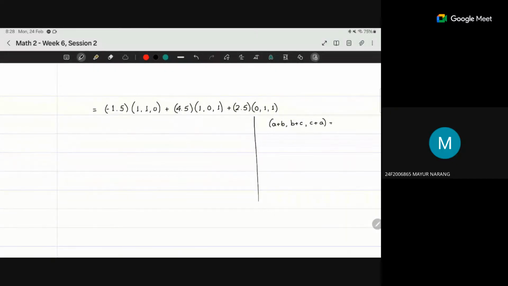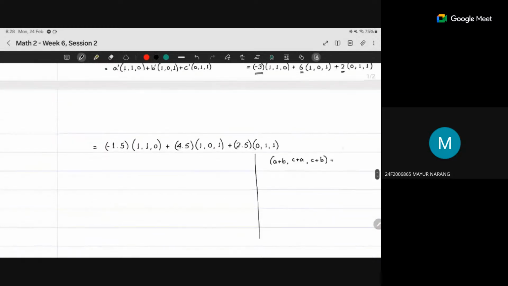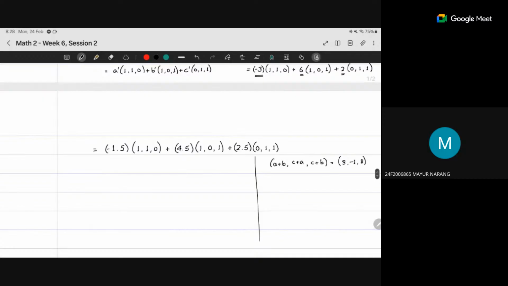Okay. See, this is something that has already been covered, but I'll go through it quickly once again. You want A, B, and C such that this has to work, right? So I want A plus B is equal to 3, A plus C is equal to -1, and B plus C is equal to 8.